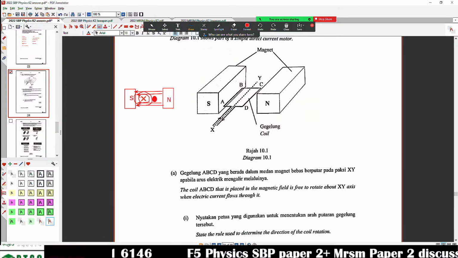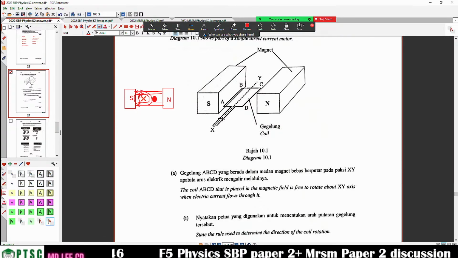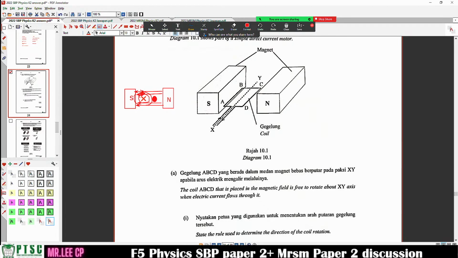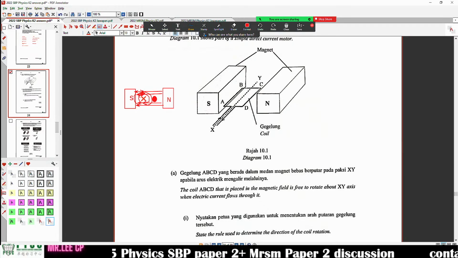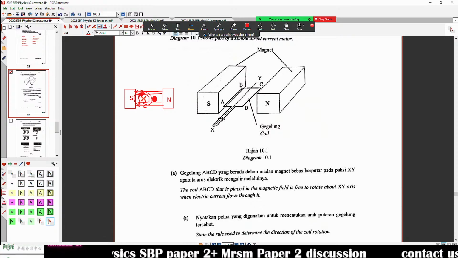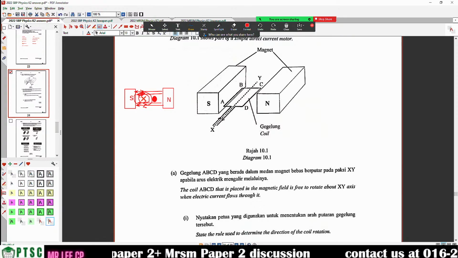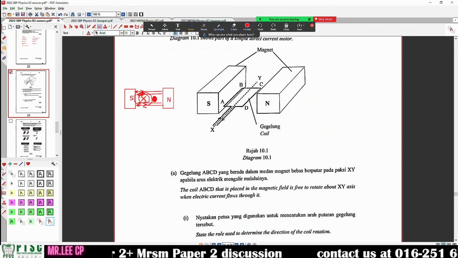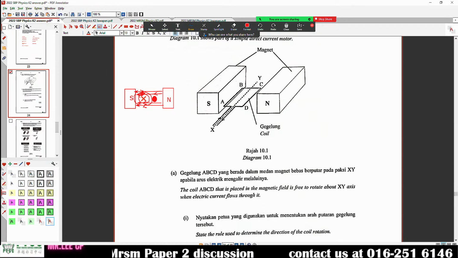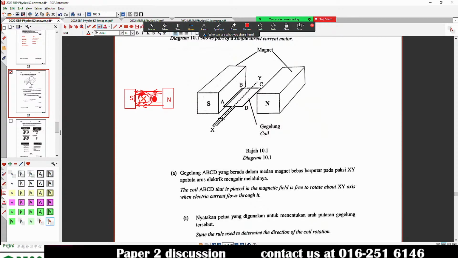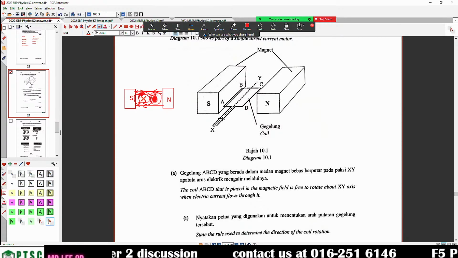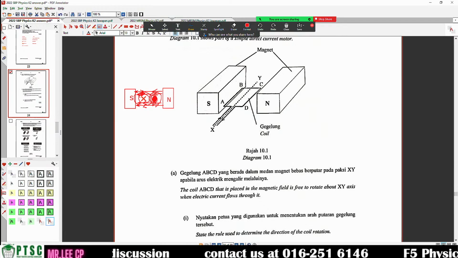So the direction here is reversed. This one you are going to cancel, it doesn't have. So this one doubles up. And then this side, it goes out. If you point your right hand grip rule, this one will double up, same. And this one will be reversed, this one cancels, this one doesn't have.